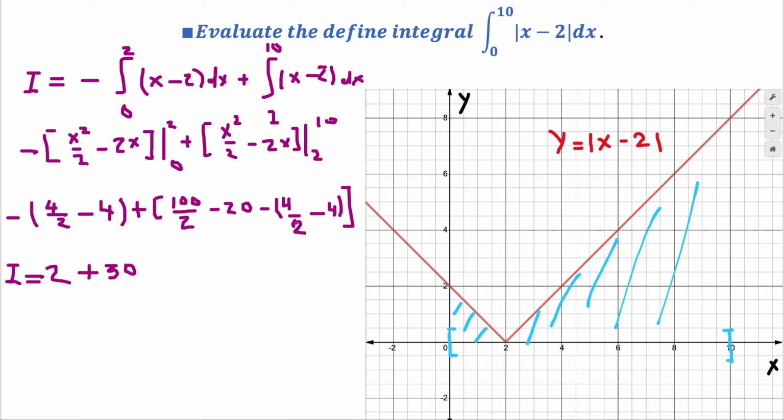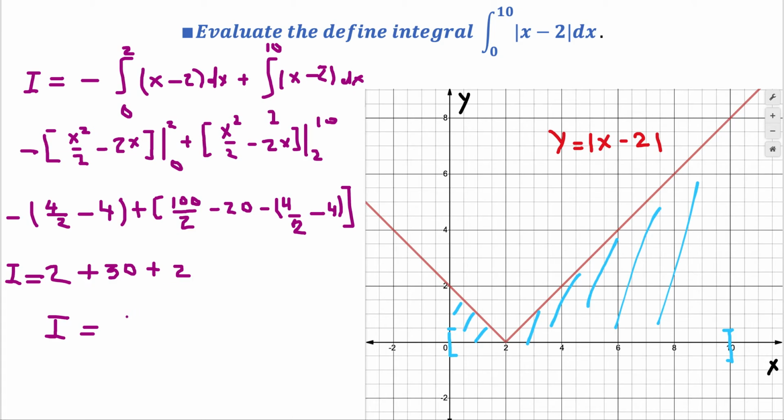And here 4 divided by 2 is 2, minus 4 is minus 2, but this negative times negative 2 is plus 2. So as we see here, this integral is going to be equal to 34.